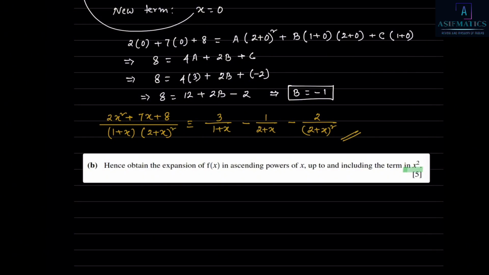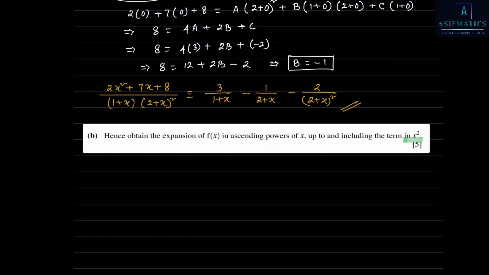So first, once we finish our partial fraction, now we need to use the binomial expansion. Use that partial fraction and do the binomial expansion. So what we have in our partial fraction, you can see that we have 3 by 1 plus x. We have this result.